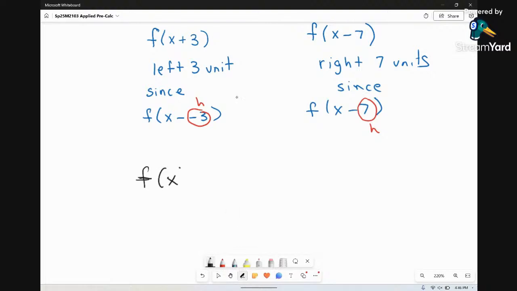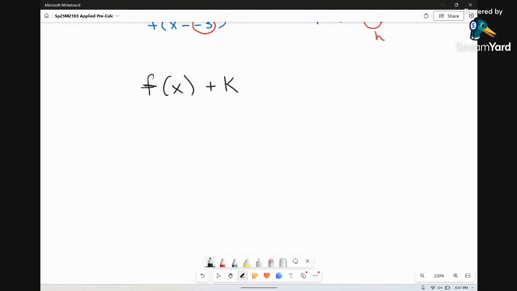F of x plus some number. What's the difference here? The number we're adding is not inside the parentheses. This is a number outside, and this is a vertical shift.